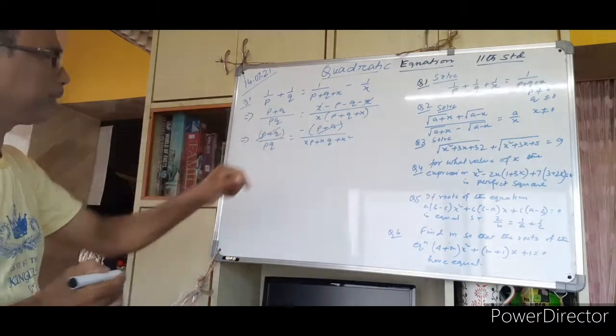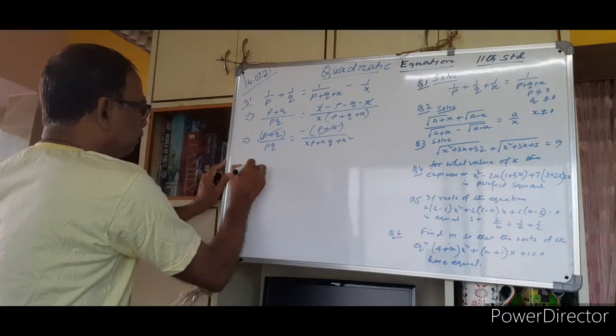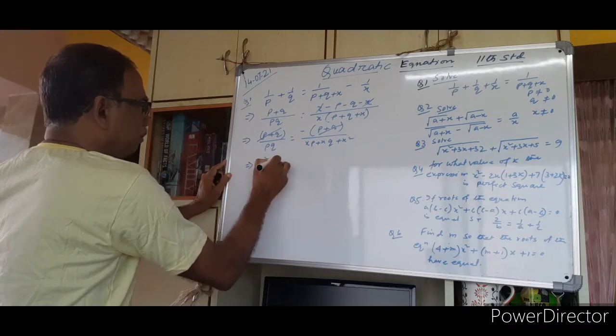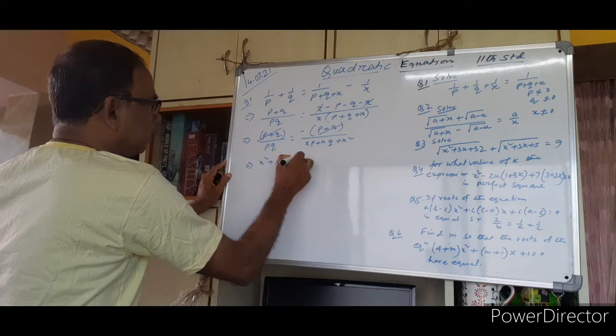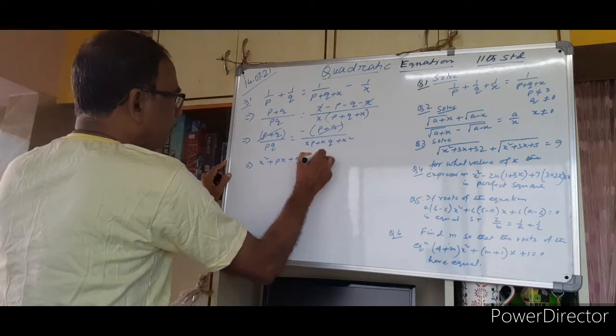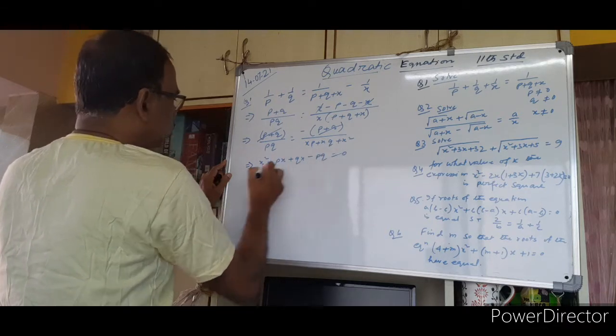Now cross multiplying this implies x square plus px plus qx minus pq equals 0.